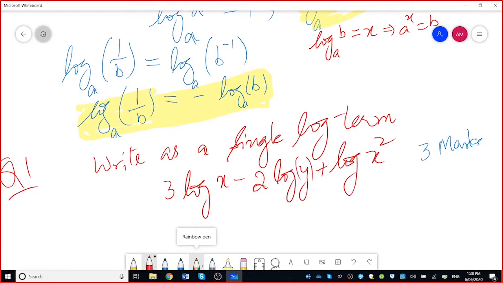So you have to write it. If you see here, these are 3 terms. You have to write it in one term. Just think about it. You just write it in your notebook and then let me know.